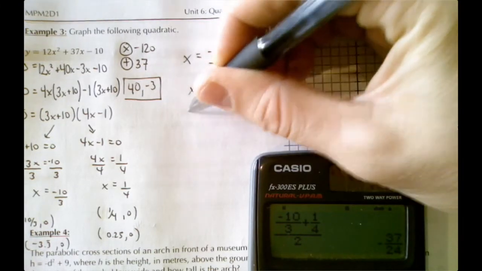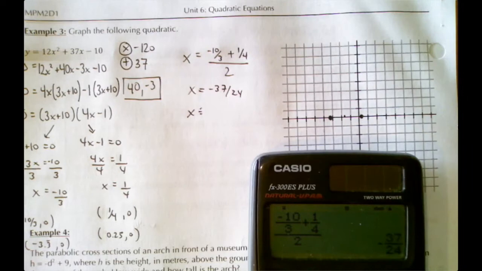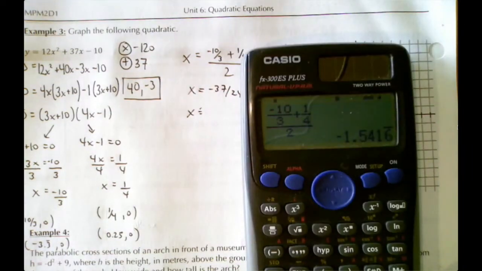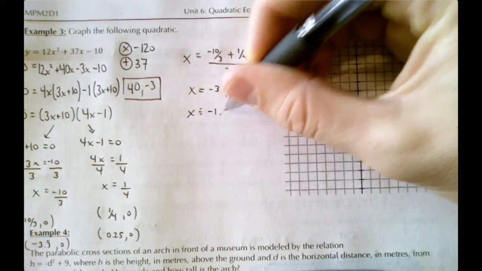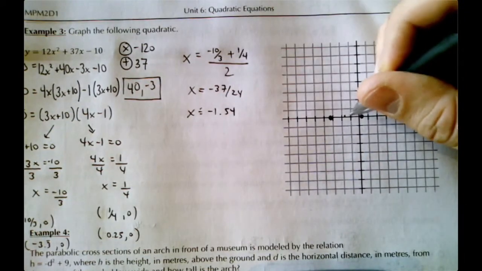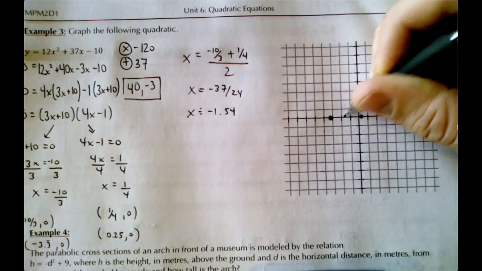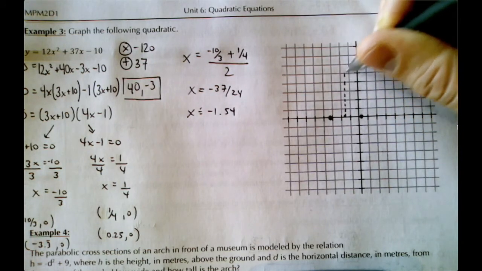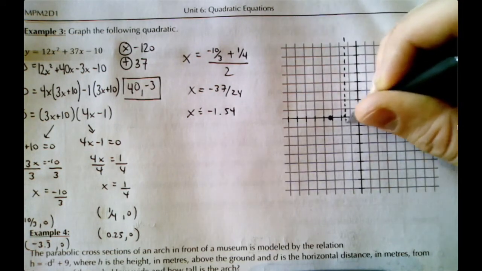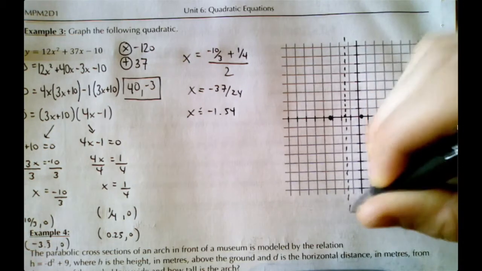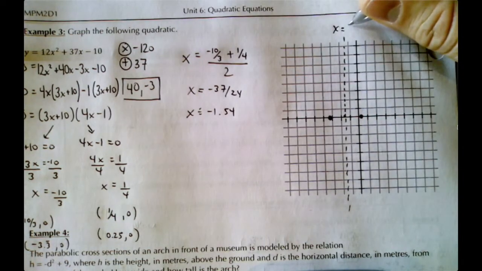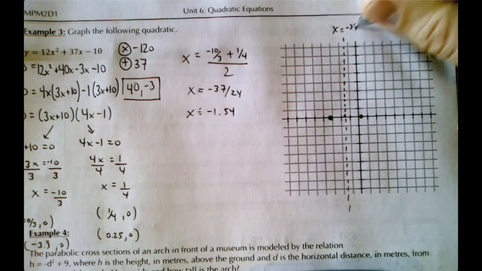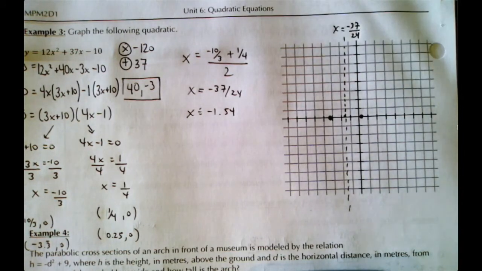Which is approximately, if we round, negative 1.54. So negative 1.5 would be here, so we'll put our axis of symmetry right there. And again, we're approximating on our graph, but for our numerical answer, keeping the fraction makes it much nicer.